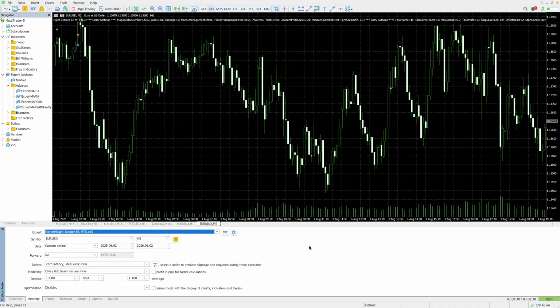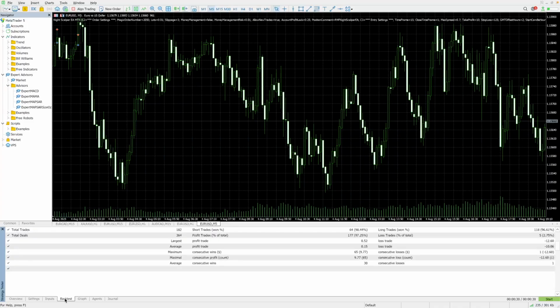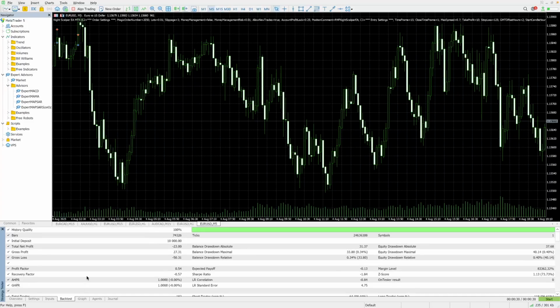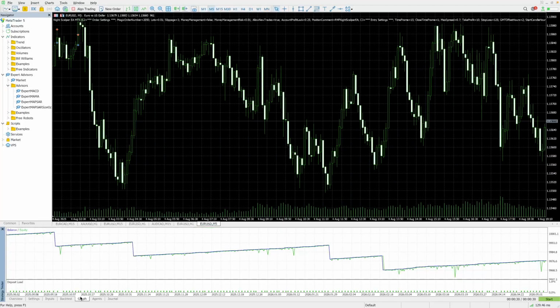The result was a small net loss of about $23 and a profit factor of 0.54. The max drawdown stayed very low, around 0.34, and the win rate was still high, near 97 to 98%, but the equity curve showed a gradual downward drift with several small drops and limited recovery.